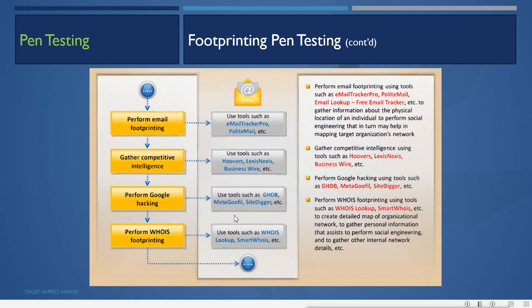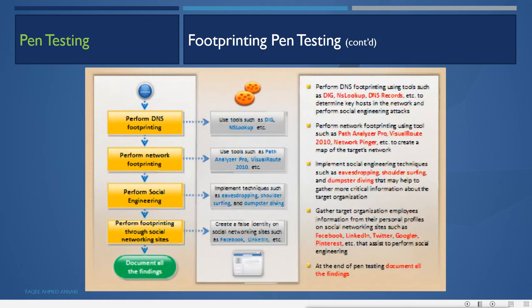Then perform Whois footprinting using different tools to see what important information we get from it. Then perform DNS footprinting using dig or nslookup to try to reveal sensitive server information and email addresses. Then perform network footprinting to get the range and design of the network. Then perform social engineering, try eavesdropping, shoulder surfing, and dumpster diving to get some important information.